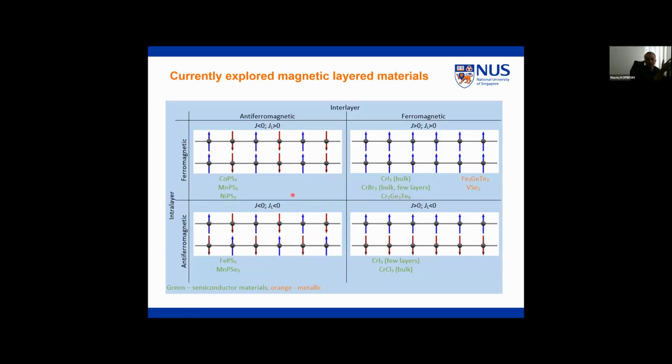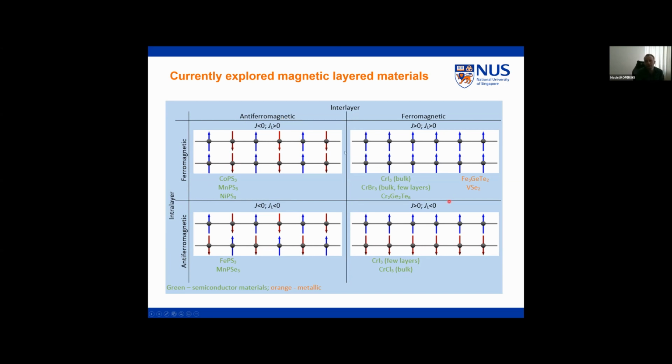So in terms of thin films of two-dimensional materials, we would expect that if we see any magnetic ordering, then the type of magnetic interaction is of the Ising type. And then in order to find some simple classification, we can consider different arrangements of the spins with respect to the in-plane exchange interaction and interlayer exchange interaction.